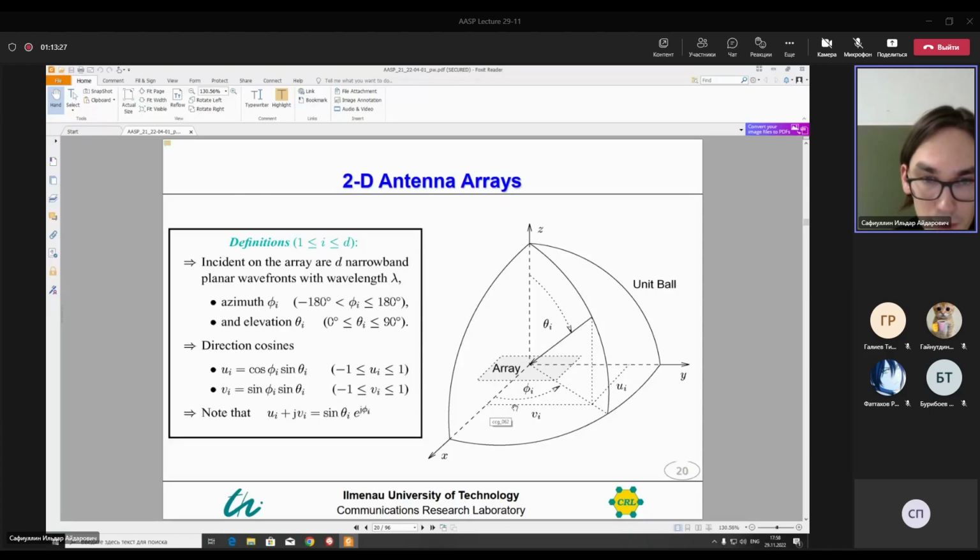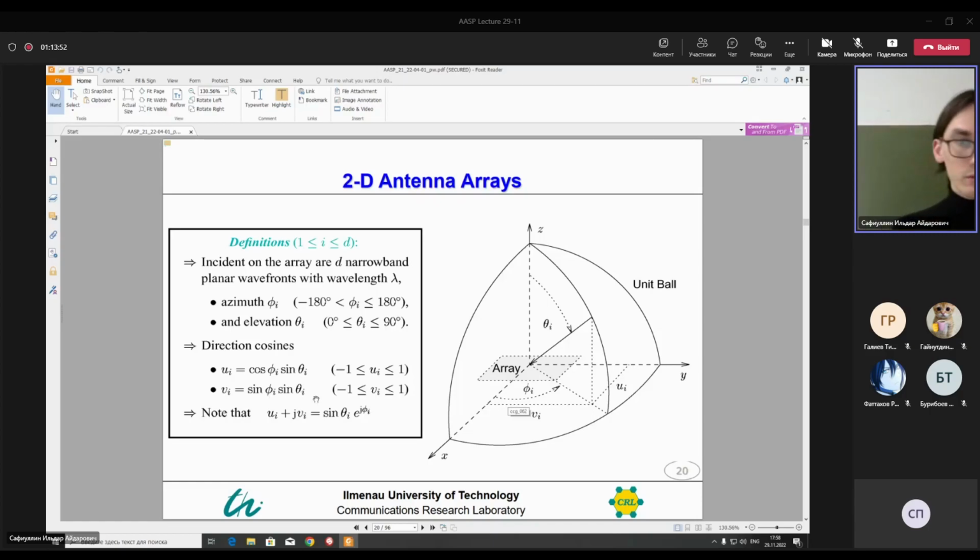And v sub i is the projection to the y-axis. This one. And if we use mathematical things, here you can see that it is cosine of phi times sine of theta i, and sine of phi i times sine of theta i.